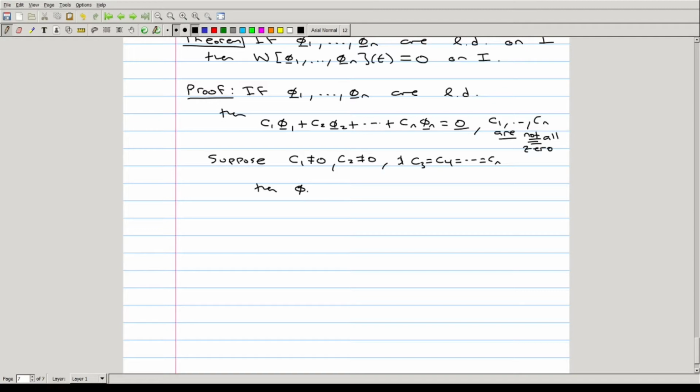Then phi2 is equal to negative C2 over C1 times phi1, and the Wronskian of phi1 to phi(n) is the determinant of the matrix capital Phi.